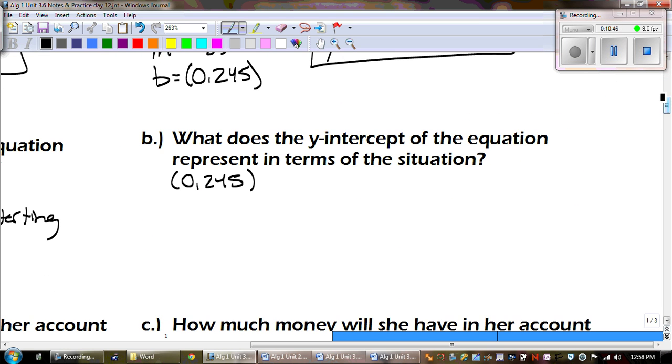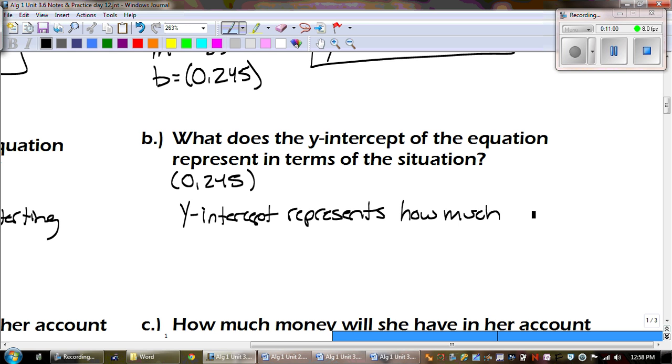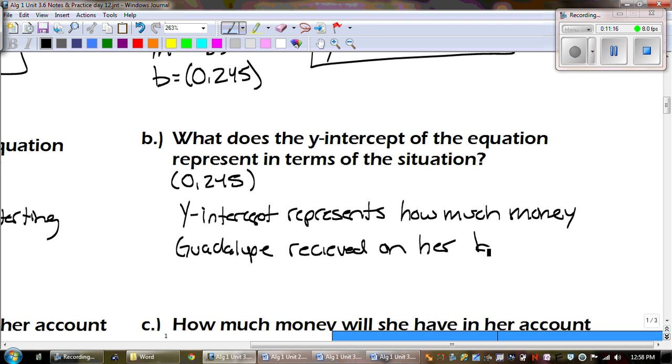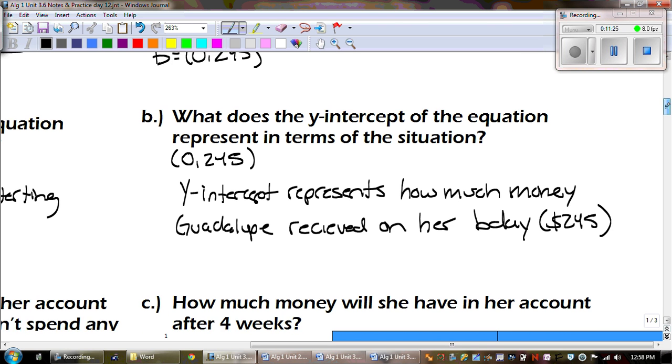Okay, so the y-intercept represents how much money Guadalupe received on her birthday. And that was $245. Okay, so it doesn't have to be exactly what I said, but it's got to be something pretty close.